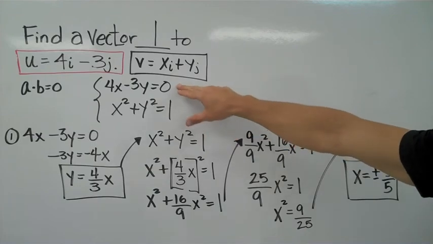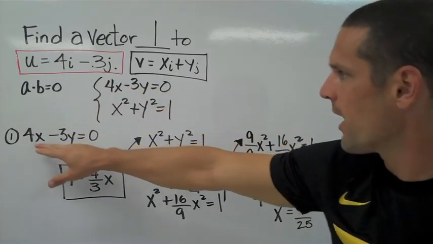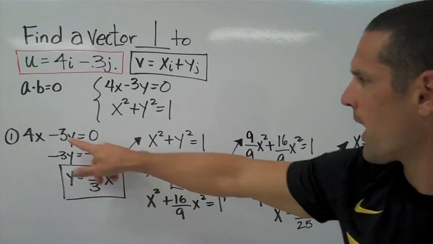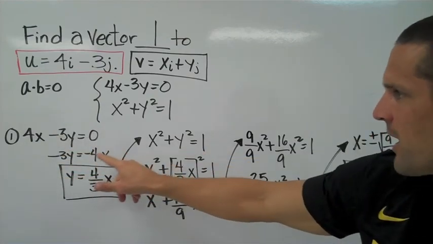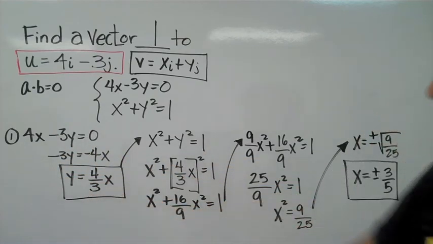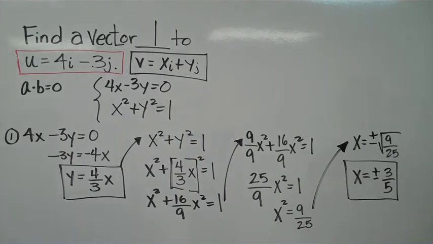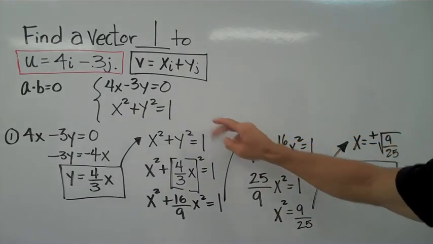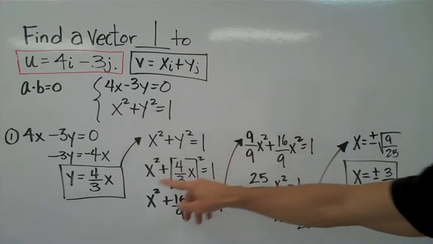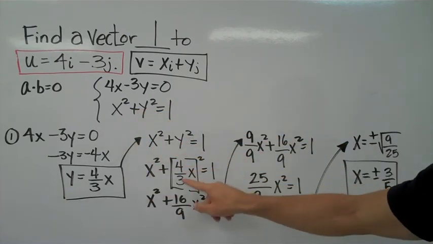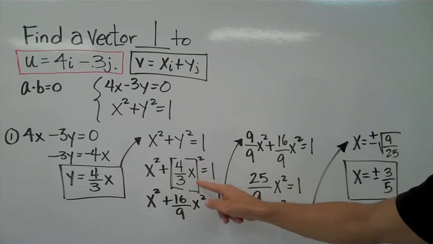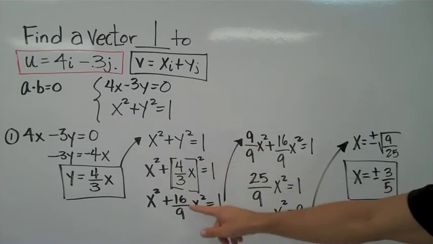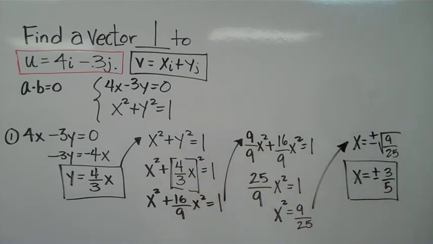Well, we can take this first equation, which I'll call 1, and solve for y. Minus 4x to both sides, then divide by negative 3, and we get y is equal to 4 over 3x. Well, we can substitute that into equation 2. If we substitute for y, we get x squared plus 4 over 3x, that whole thing squared, which gives you 16 over 9x squared.